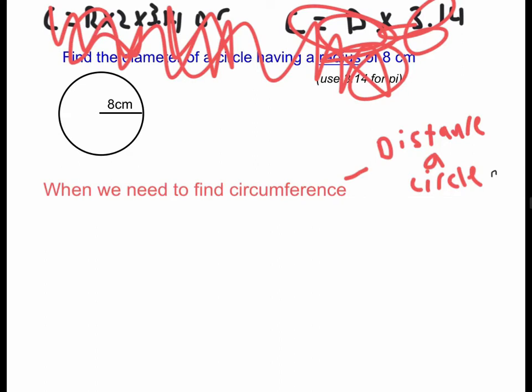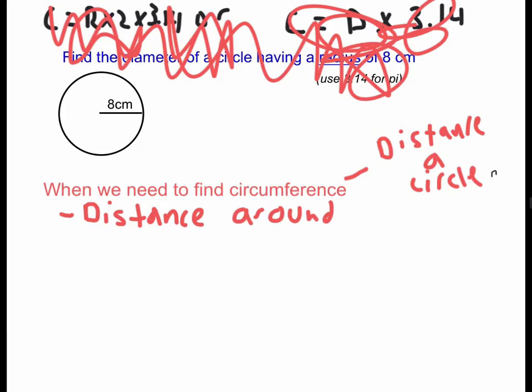Other times, though, there are word problems, and there are clues in word problems that will tell you that you're going to find the circumference rather than the area. For example, if a word problem says something like distance around, then you know that you would need to find the circumference.